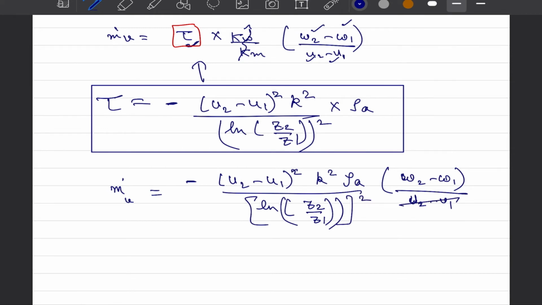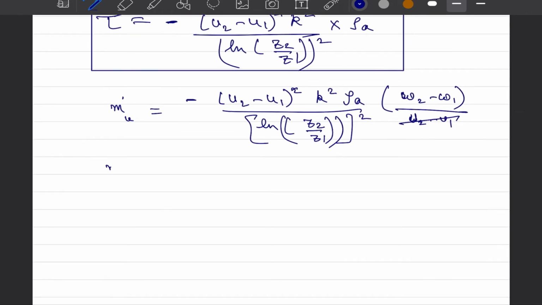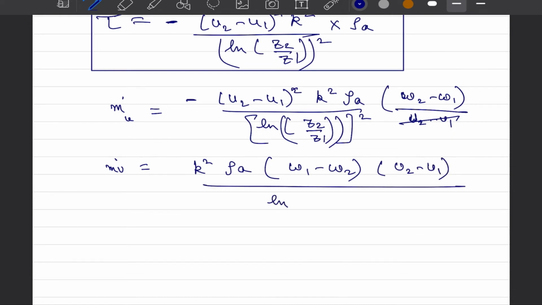So we can always cancel this u2 minus u1. So mv dot, the rate of change of mass of vapors with respect to time, can be written as k square rho a, and if the negative goes inside, this quantity is w1 minus w2 into u2 minus u1 over ln z2 upon z1 whole square. Now there is an important question that arises: how should we calculate the values of w1 and w2?